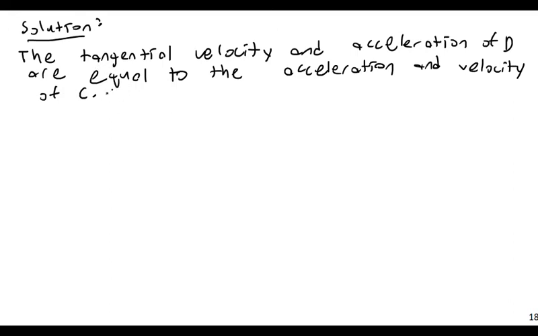So I'm going to say initial here. I'm going to write Vd naught equals Vc naught equals 12 inches per second to the right.